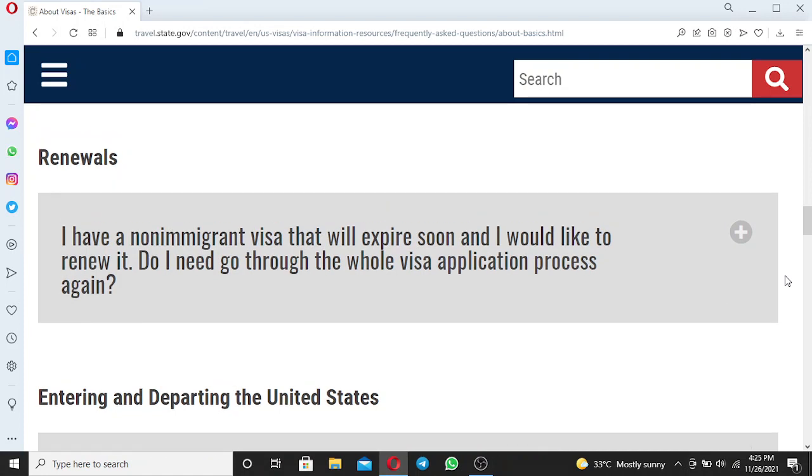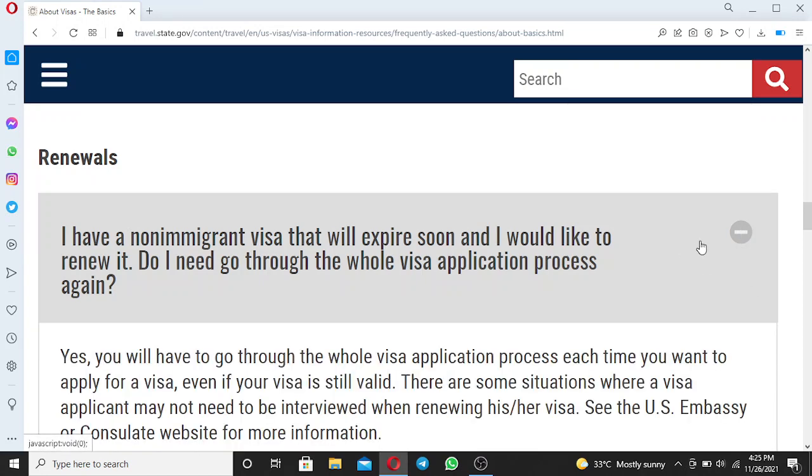Let's check on the renewal of the visa. I have an immigrant visa that will expire soon and I would like to renew it. Do I need to go through the whole visa application process again?